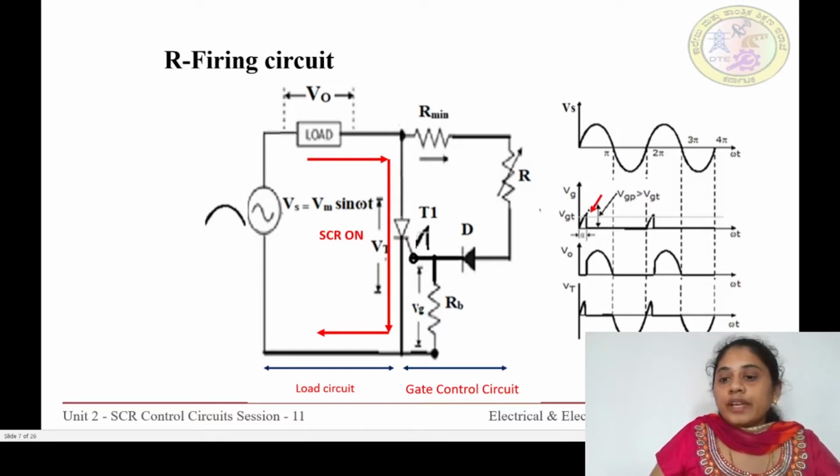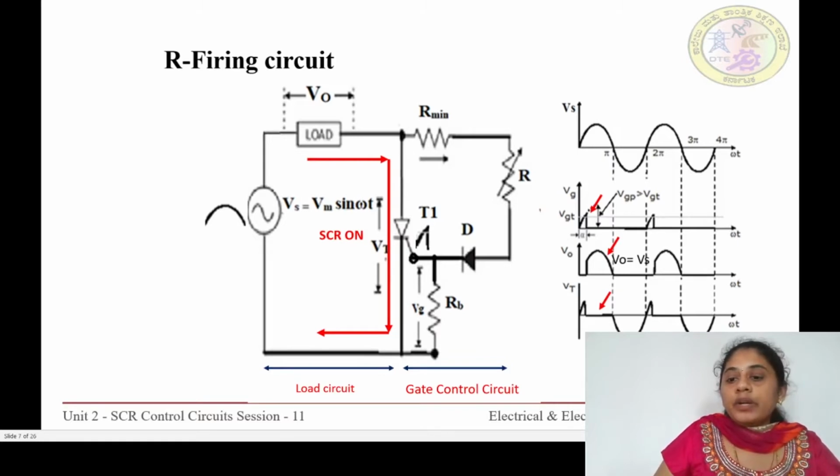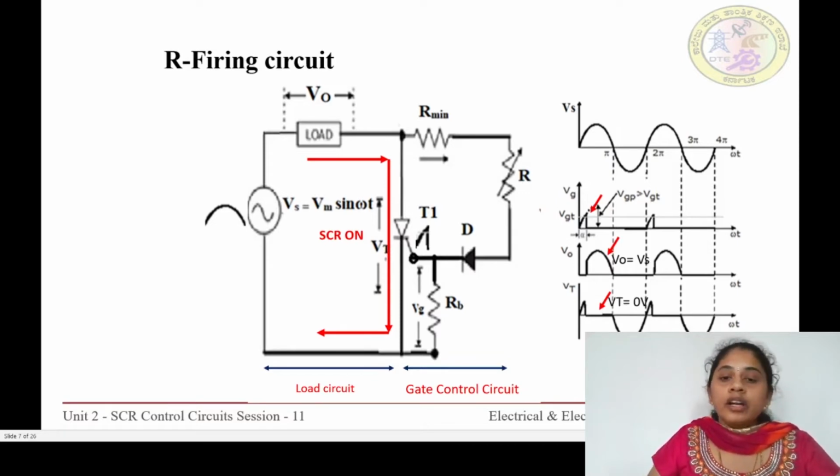This is what you can see here. Load voltage is V0, which is equal to the supply voltage. And once SCR is turned on, voltage across the SCR will be equal to 0 volts. Ideally it will be 0 volts, but practically it will be 1 or 2 volts.